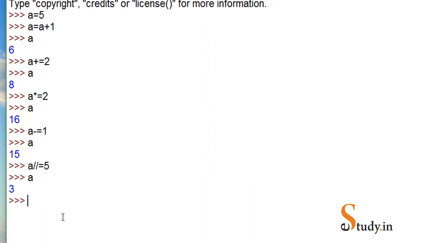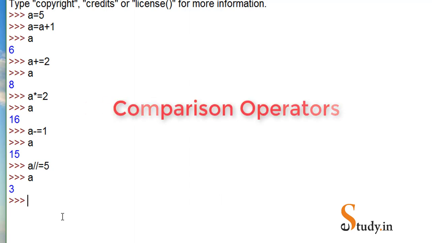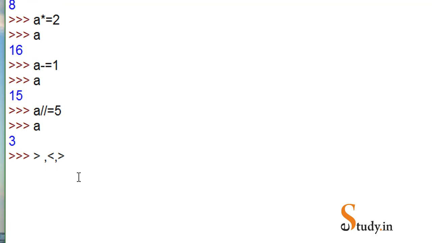Now after shorthand operators, I want to cover what are called comparison operators. So what are comparison operators? They are called relational operators in other languages. They are basically greater than, less than, greater than equal to, which is written like this, and less than equal to, written like this.